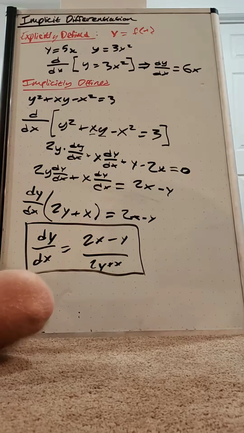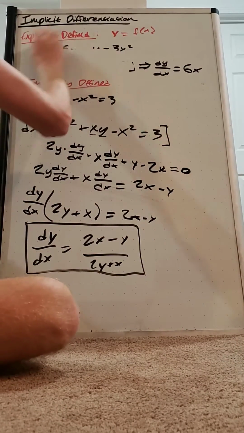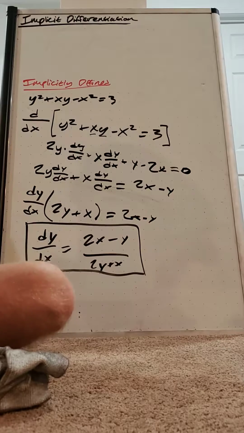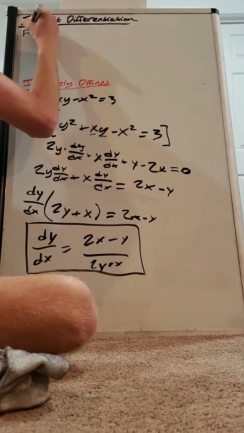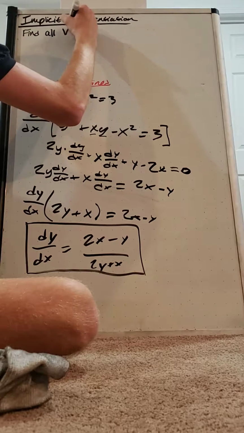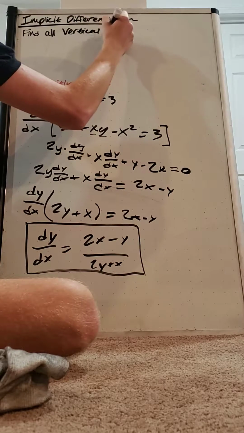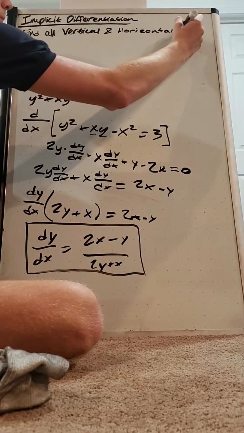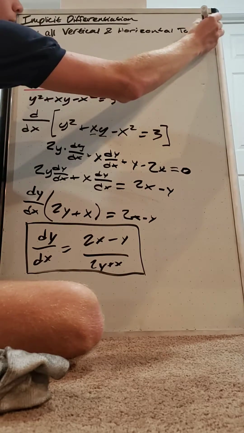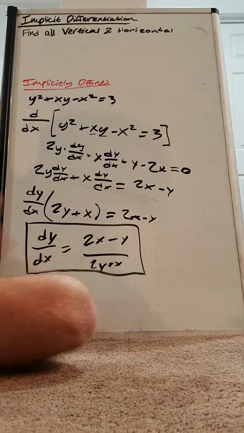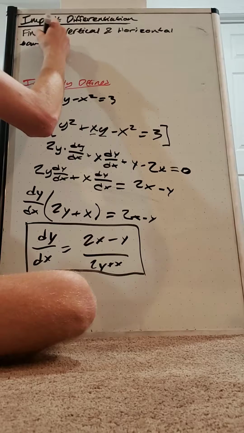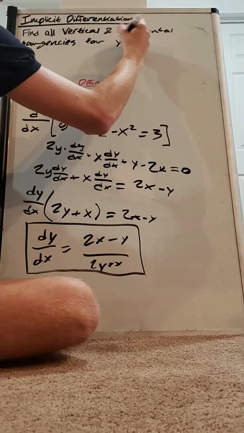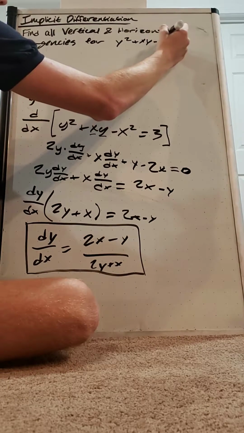And say if we had to find all the horizontal and vertical tangencies for this function down here, y squared plus xy minus x squared equals 3.